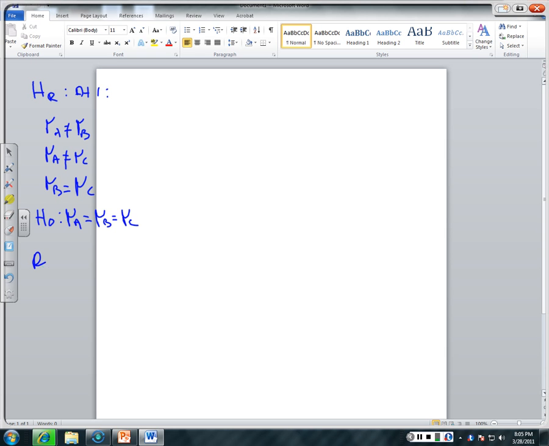And we're going to reject H0 if the F test is greater than 3.9. It's the same as it was before because we still had 3 groups of 5. And the F test was equal to MSTR over MSE. And the MSTR is going to be 125 because we had the same means, 10, 15, and 20.